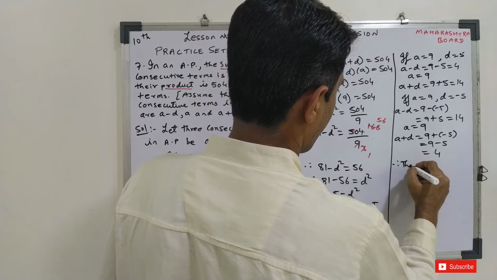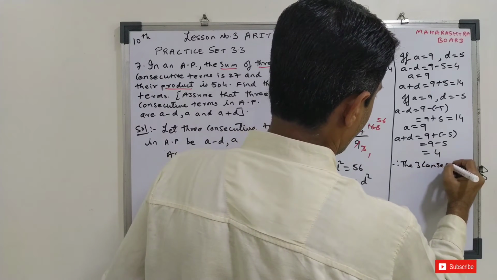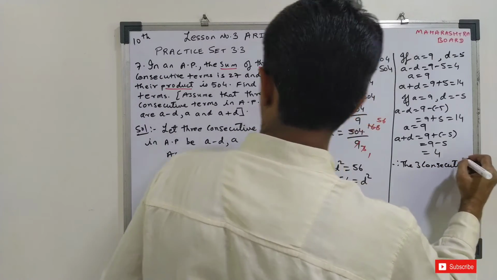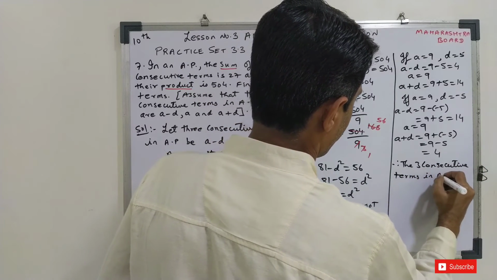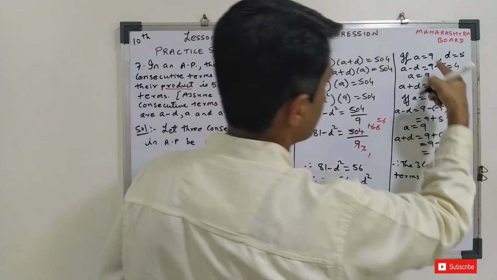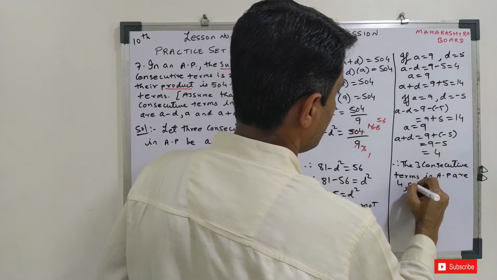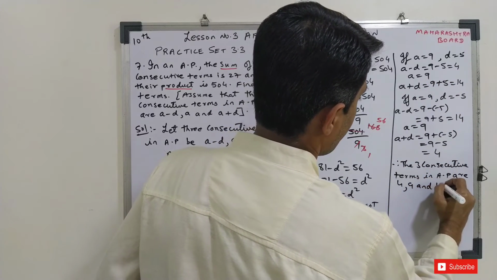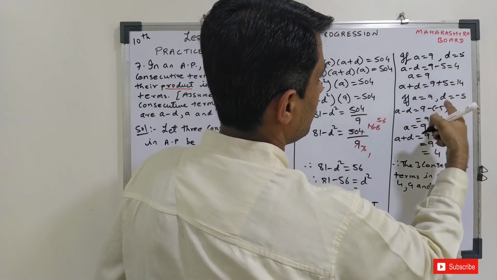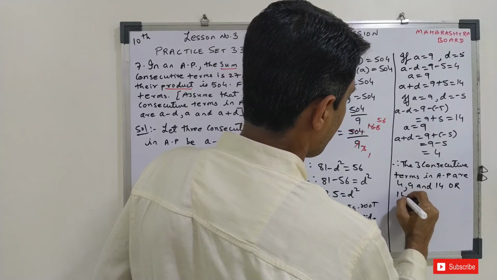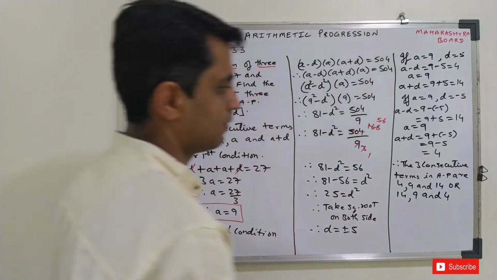Therefore, the three consecutive terms in AP, let us take the first case, are 4, 9 and 14, or 14, 9 and 4.